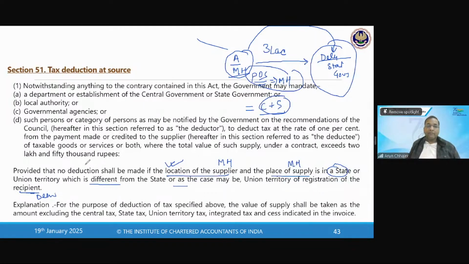Then in that case there will be no deduction. And why are they saying no deduction? Because it is practically not possible. For the purpose of the deduction of the tax specified above, the value of the supply shall be excluding CGST and SGST, तो tax हटा के basic value पर TDS apply होगा. I hope it is clear.